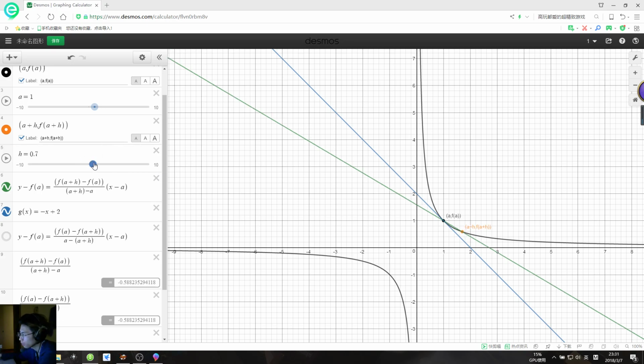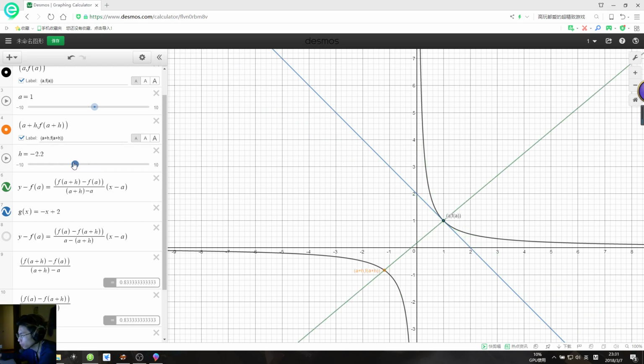So you can see that the green line is getting near to the blue line as I move the green point approaching the black point. This is from the following interval. I can do it from the preceding interval too, like this.